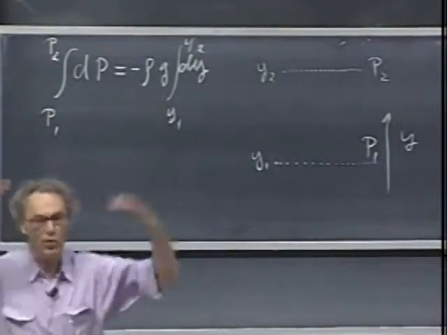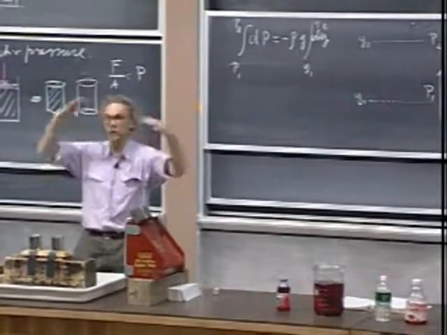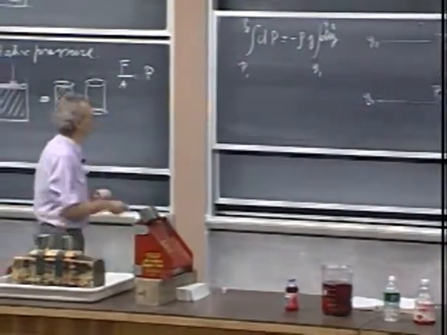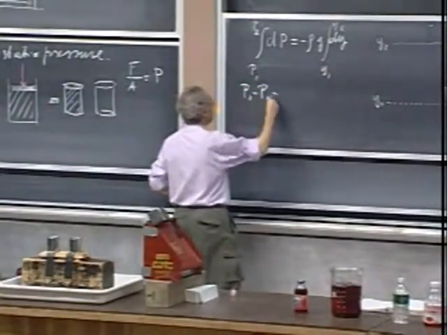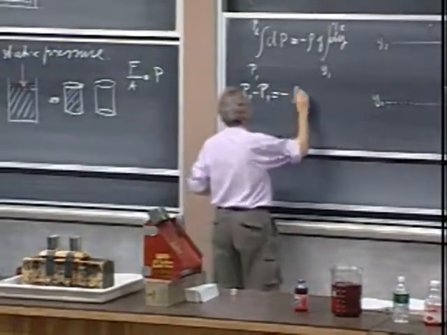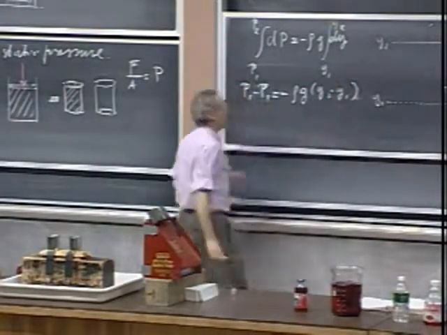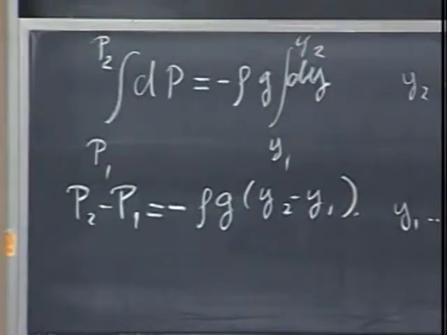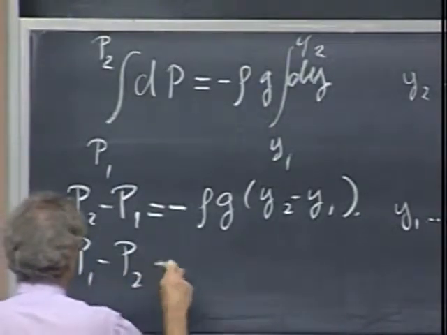With the atmosphere of the Earth, that's more difficult because rho is a function of altitude, but not with liquids. And so we get that p2 minus p1 equals minus rho g times y2 minus y1. And this is called Pascal's law. I prefer to write it slightly differently, but it's the same thing.